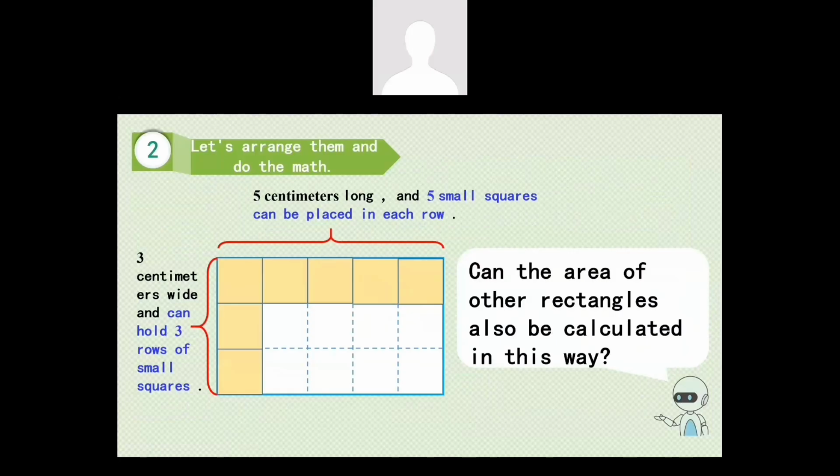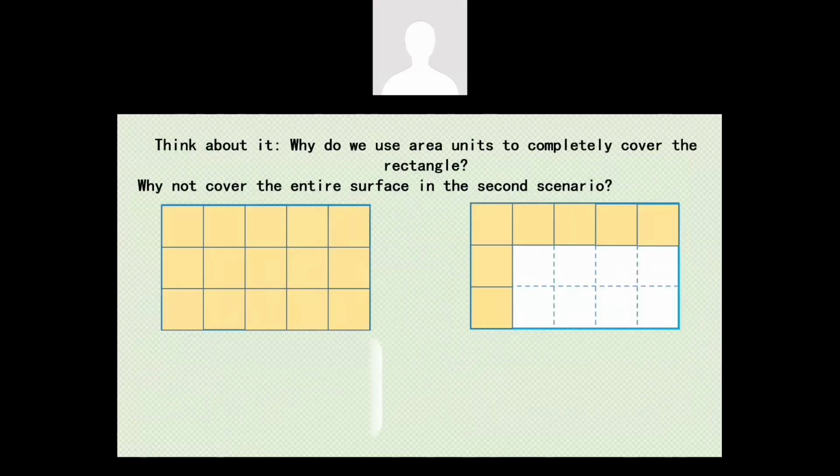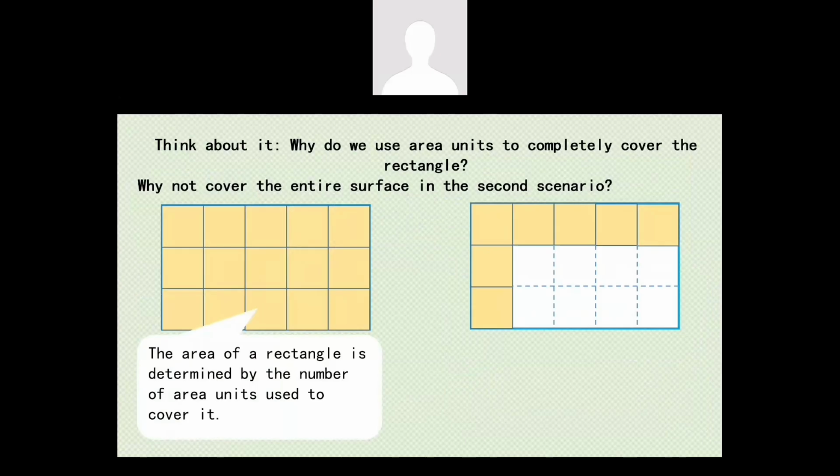Then counted 15 squares. So the area is 15 square centimeters. Yes, great. Drawing a grid is basically the same idea, covering with unit squares.